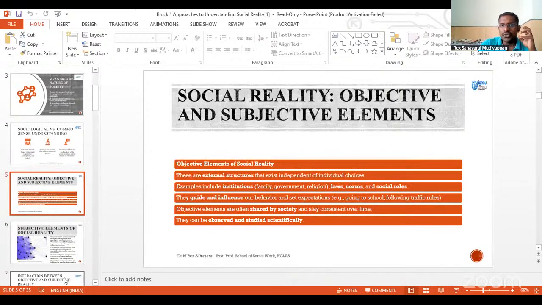And social reality: objective and subjective elements. We learned what is objective and what is subjective. As a researcher, we must be more objective than subjective. When we say subjective, it is more of a bias.